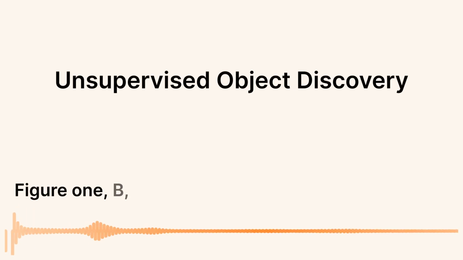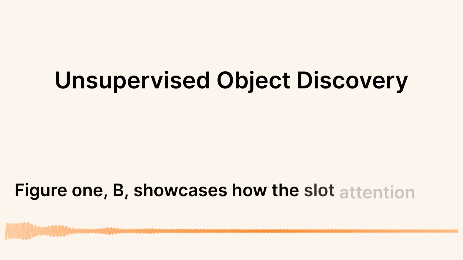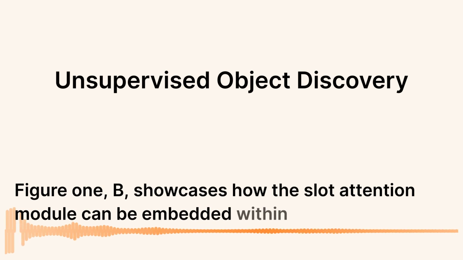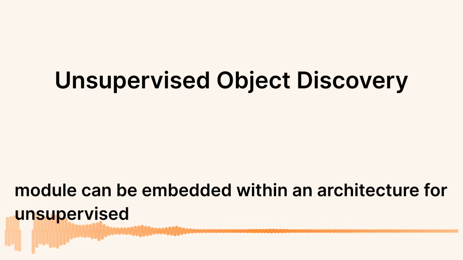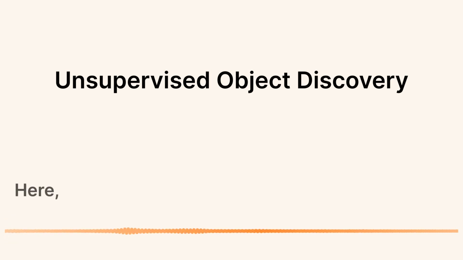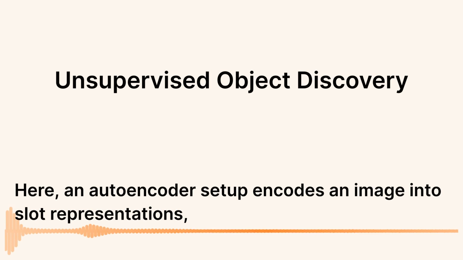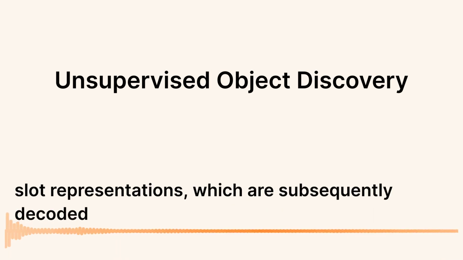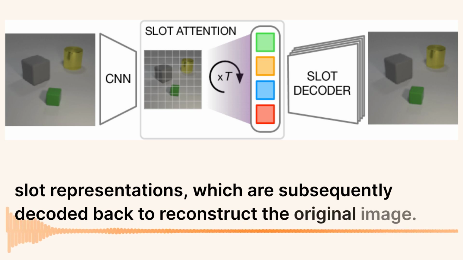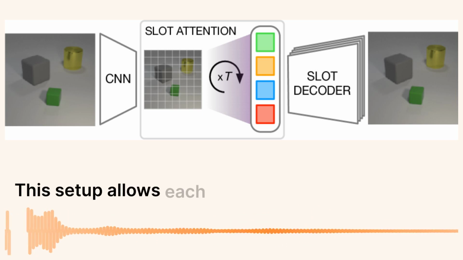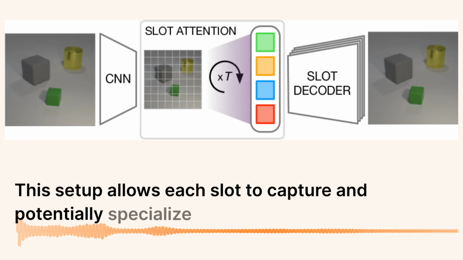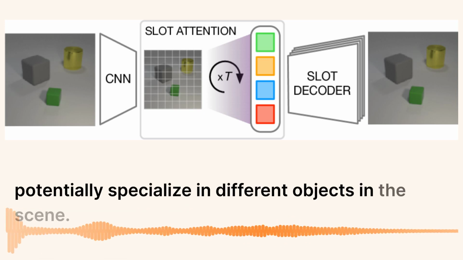Figure 1b showcases how the slot attention module can be embedded within an architecture for unsupervised object discovery. Here, an autoencoder setup encodes an image into slot representations, which are subsequently decoded back to reconstruct the original image. This setup allows each slot to capture and potentially specialize in different objects in the scene.